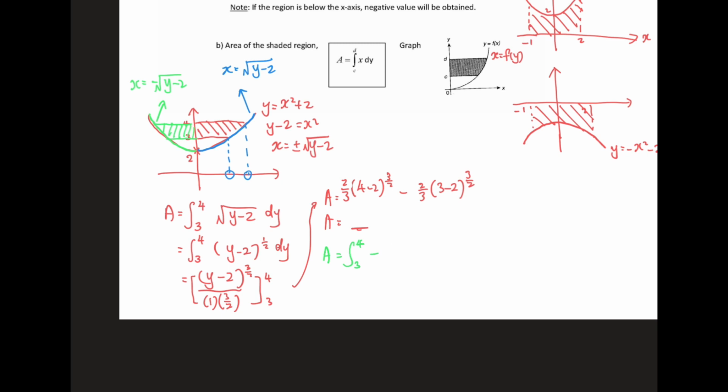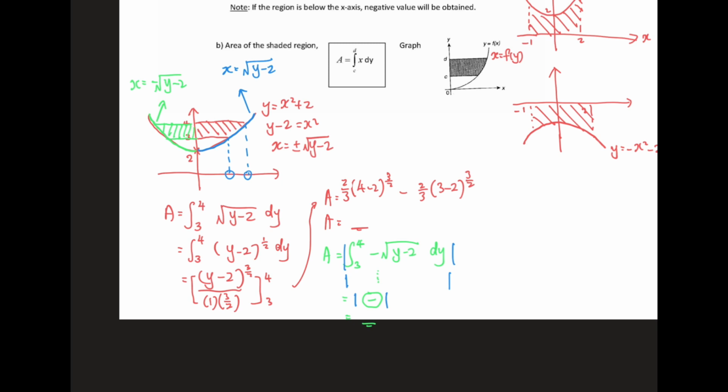Now this time we have to take the negative one. Square root of y minus 2 dy. Then we integrate. You will get a negative value. So what to do is we modulus everything from the beginning until the end.